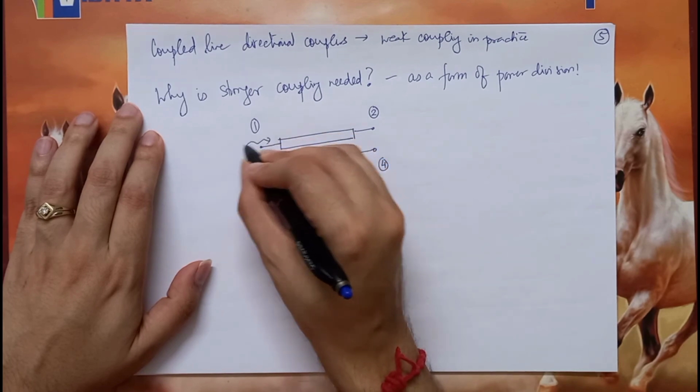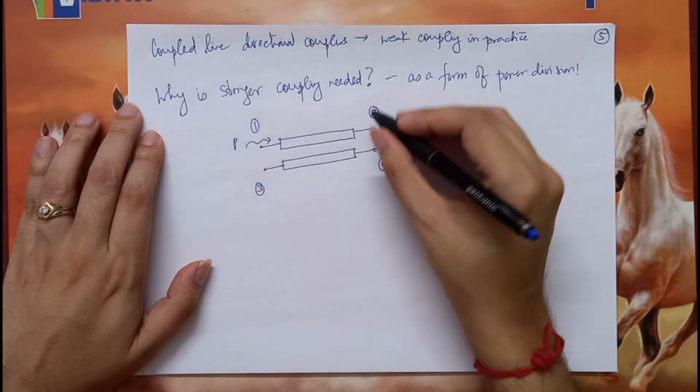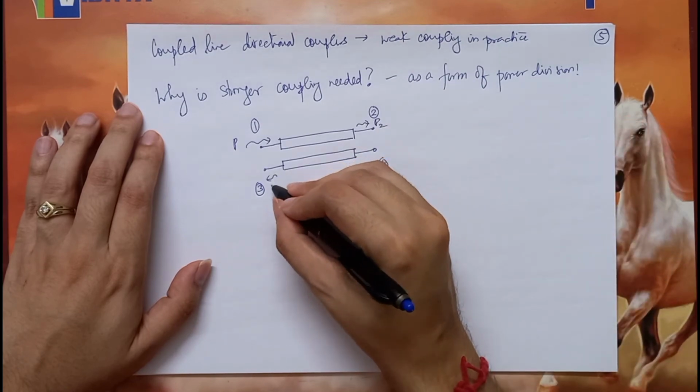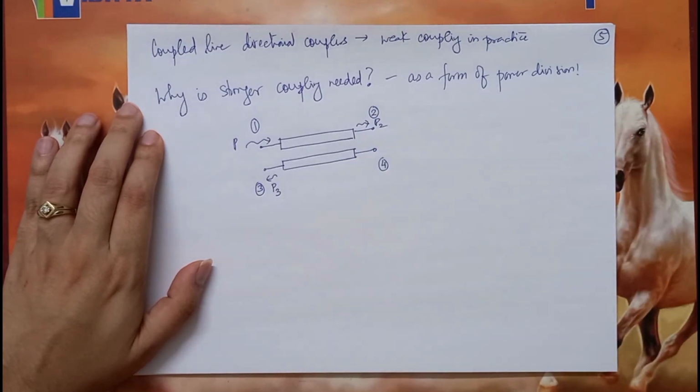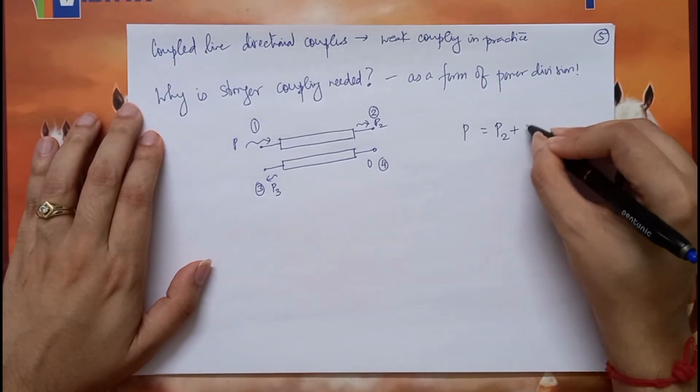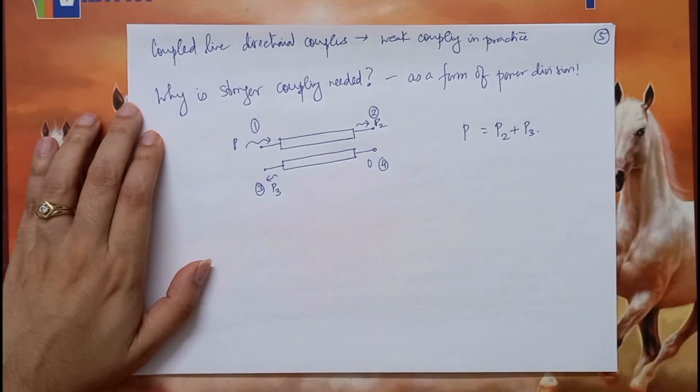So if there is some power P that is entering, and let us say some power comes out at port 2, that's P2, and some power comes out here, that is P3, let us say there is 0 over here, then I can say that P is nothing but the sum of P2 and P3.